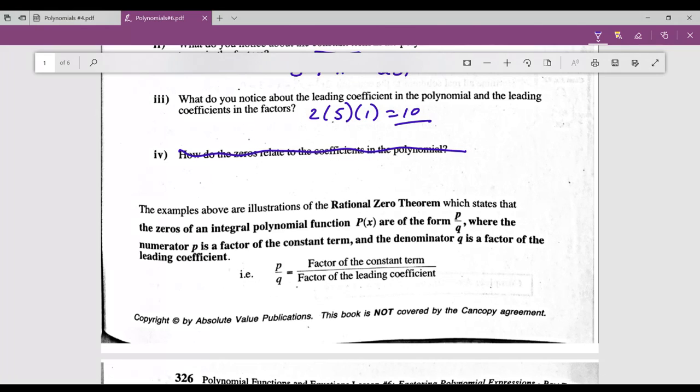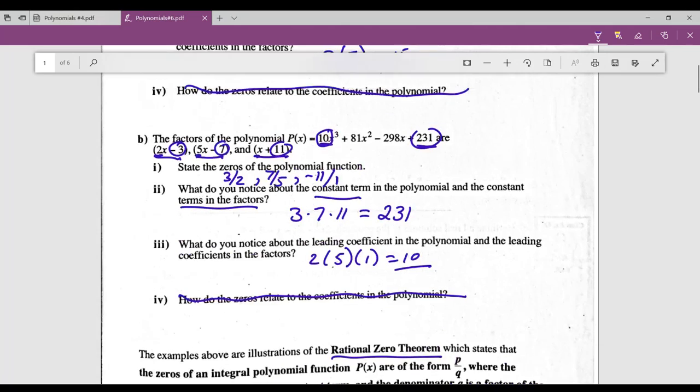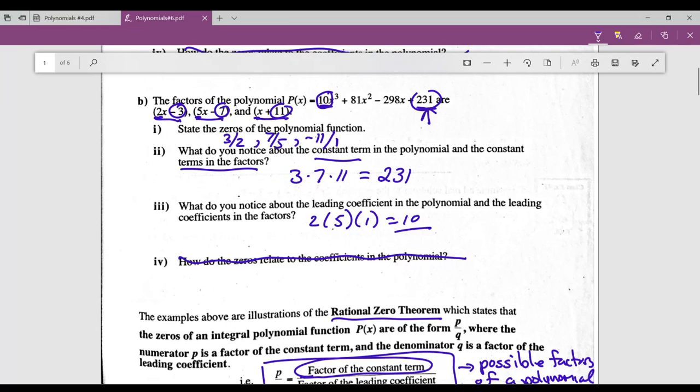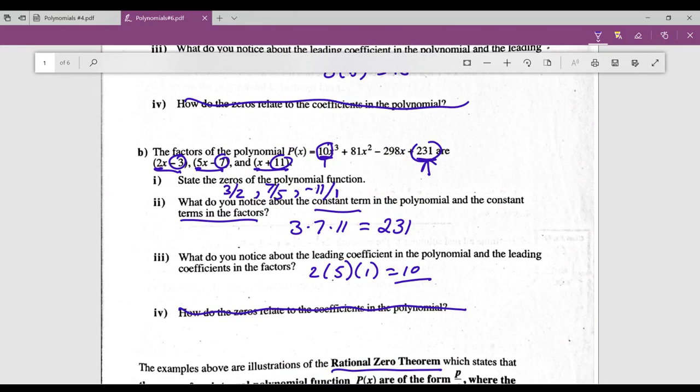Now I'm not going to test you on what the rational zero theorem says, but you need to remember that when you're looking for possible factors of a polynomial, it's the factors of the constant term, the term at the end of the polynomial, divided by the factors of the leading coefficient, all the factors of this.